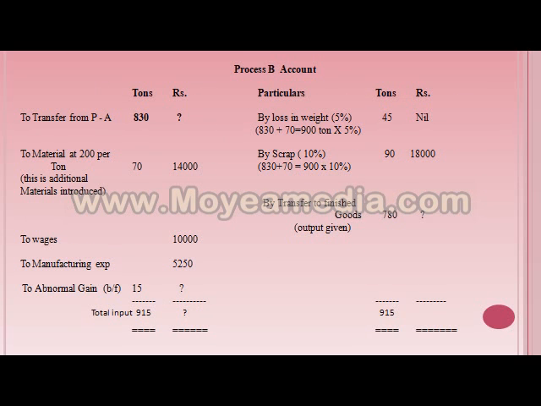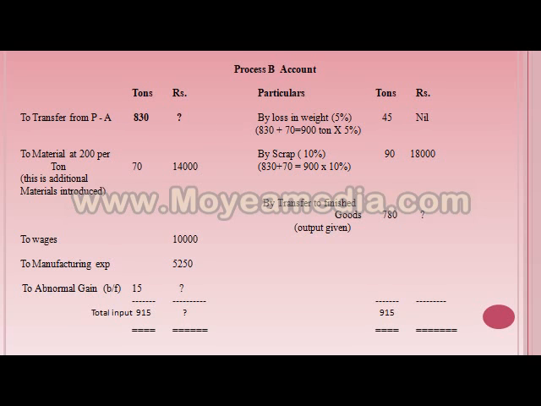You will have the tons transferred from process A, which is 830. It is already given there. Then there is some additional material introduced in process B, at the rate of 200 rupees per ton, and 70 tons are introduced, as given in the sum.